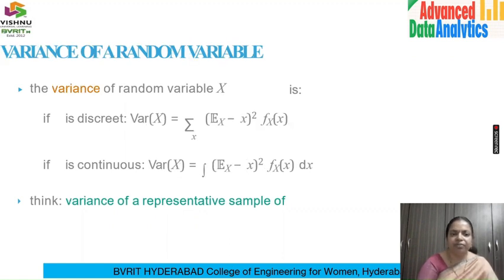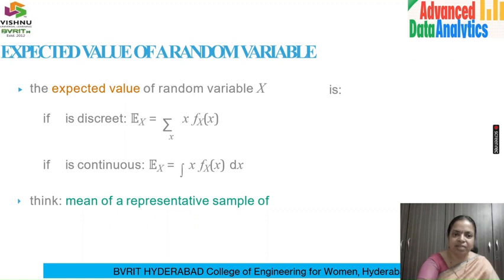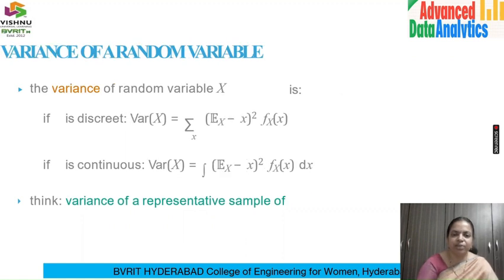And to find the variance of the random value, we can use the variance formula: the summation of (x minus E of X) whole squared times f of x. Here E of X is our expected value, and using it we take the difference between the expected value and x, and the product of these values with the function of x gives our variance.